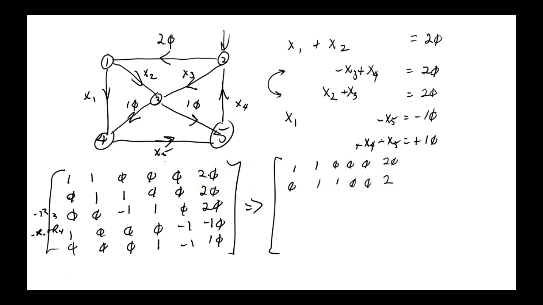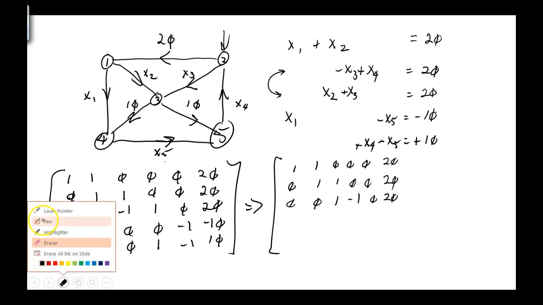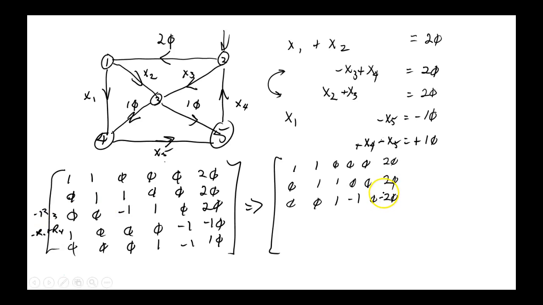And then negating row 3, that'd be 0, 0, 1, minus 1, 0, minus 20. I negated the third row.